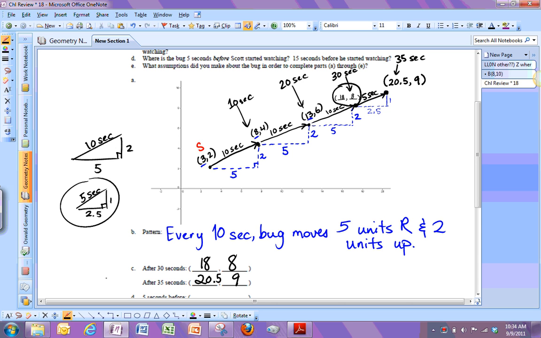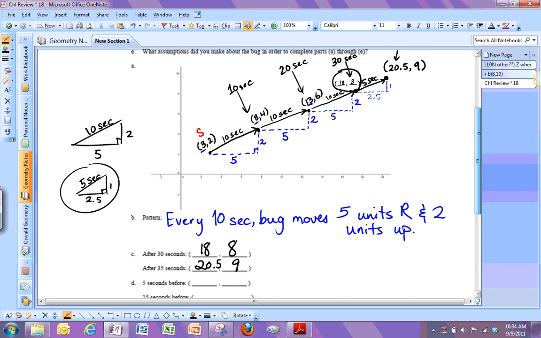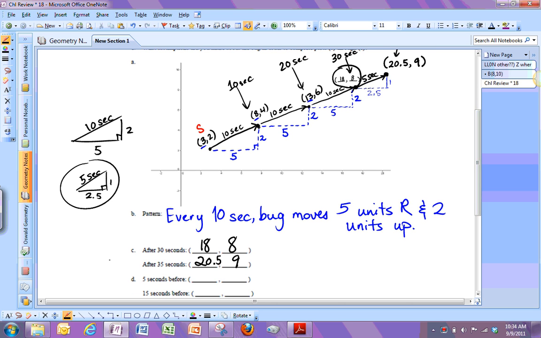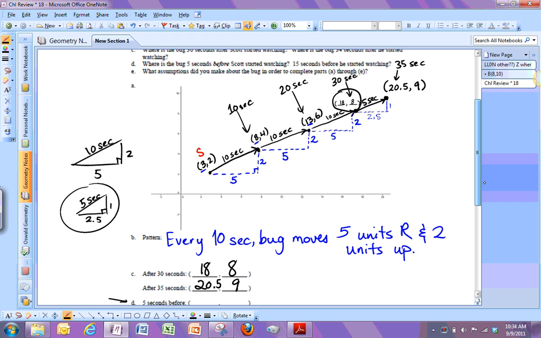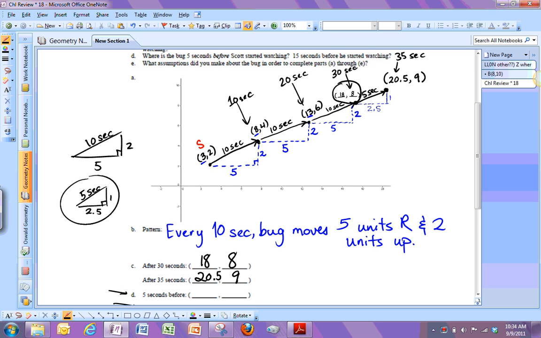All right, so next question down here, 5 seconds before, 15 seconds before, right? Okay, so 5 seconds earlier, well, here's our starting point right here, right? Let me get a different color here, red. Here's our starting point. 5 seconds before, we're going to go this way.